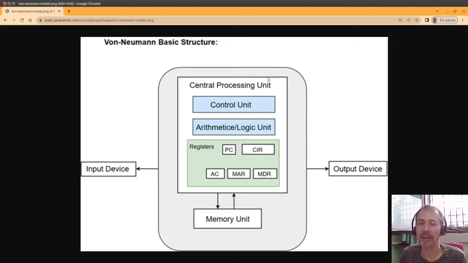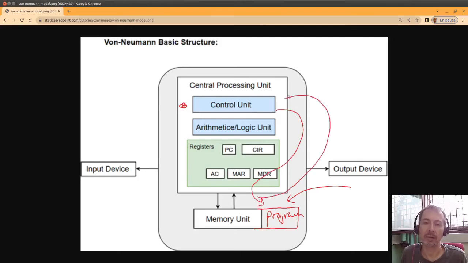The most important part here is that you don't have a separate program anywhere. Remember that in the previous architecture, you had the program in one place and the memory separated. In von Neumann's architecture, you have the program inside the memory. If you need to run something, you first need to load your program into the memory, and then the control unit will read the instructions of the program and execute them using some set of previous rules defined by the computer.